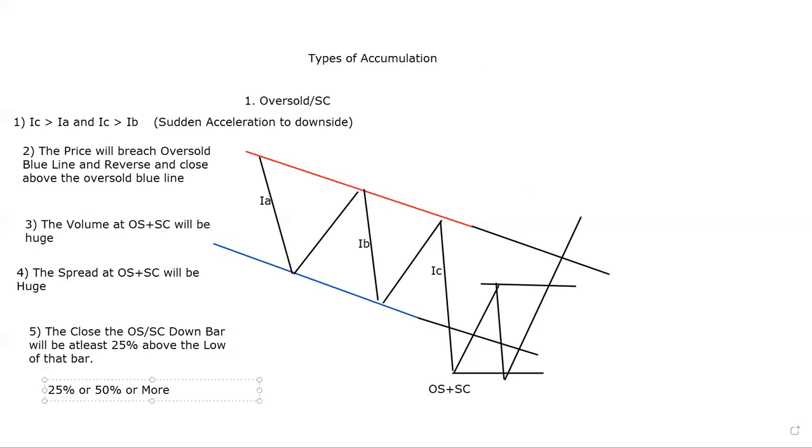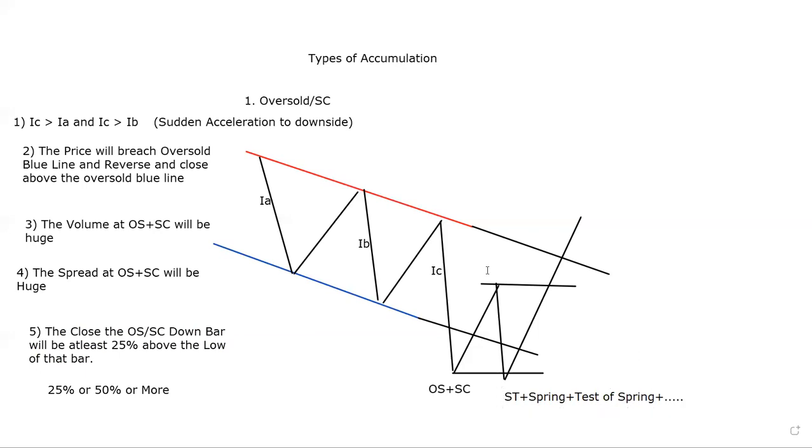If you take an example here, this is accumulation. If this is oversold, we have many phases like secondary test, we have, let's say, spring, test of spring, and another test of spring, whatever it is.